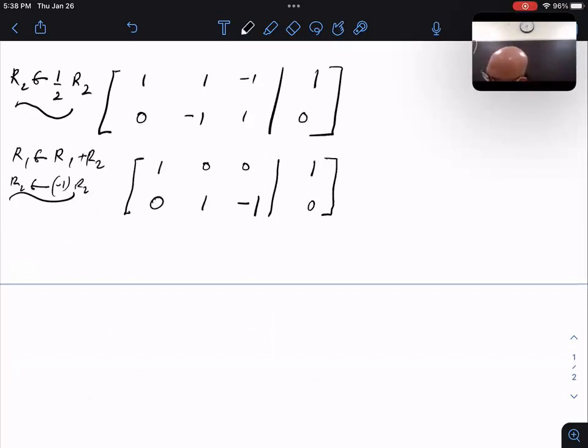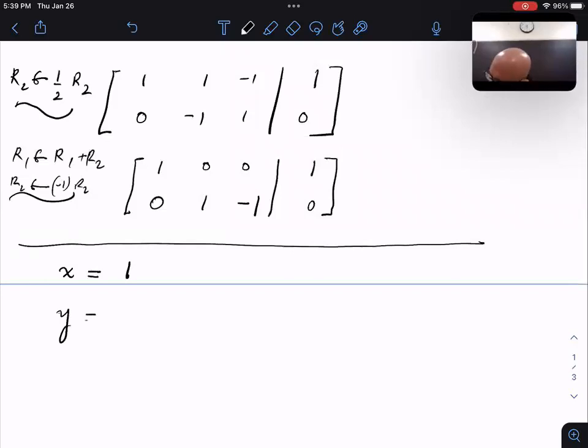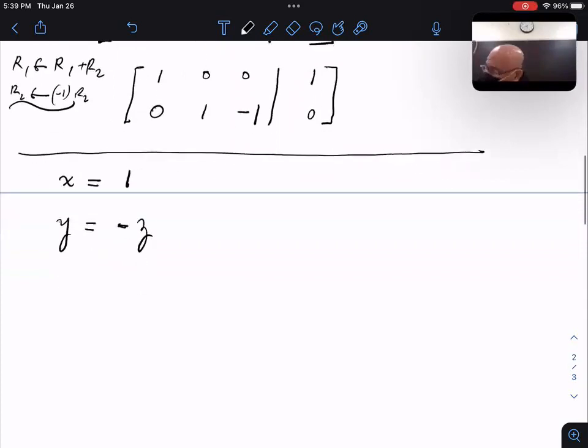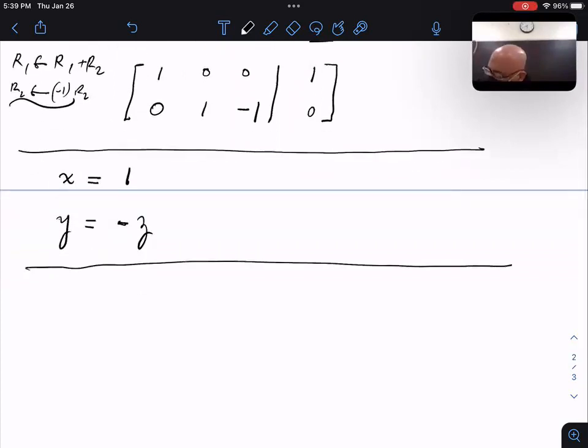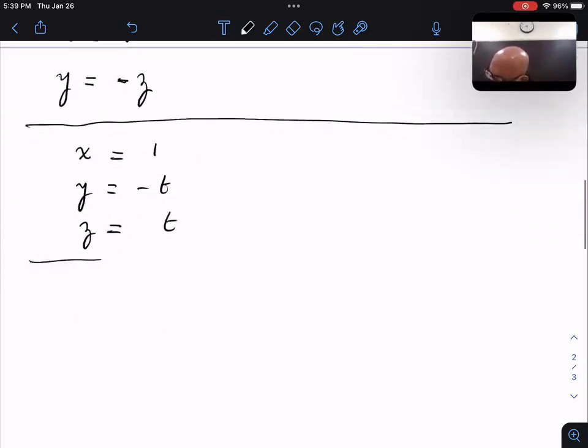It means that from this I conclude that x is equal to 1 and y is equal to minus z, right? So which means x is equal to 1, y is equal to minus t, z is equal to t. And t is a real number.